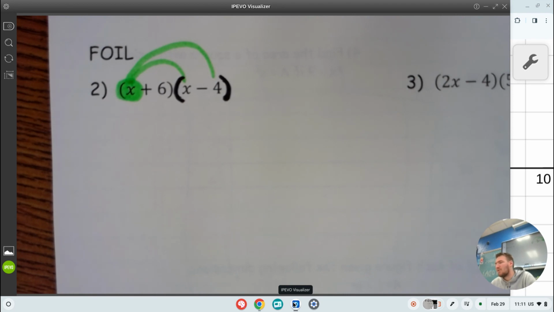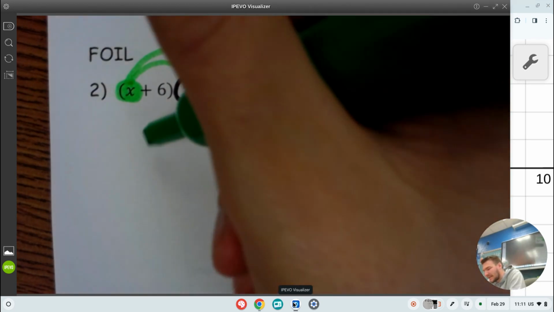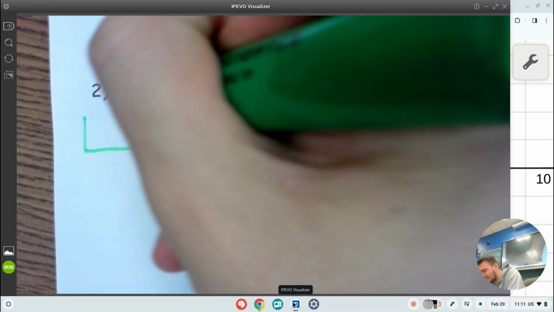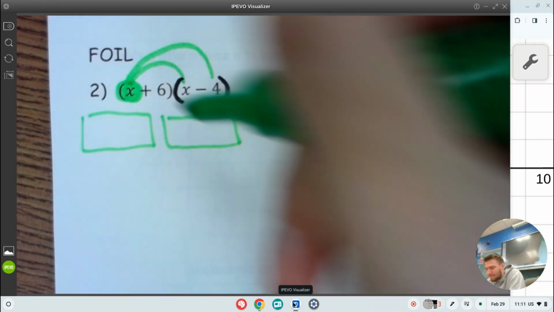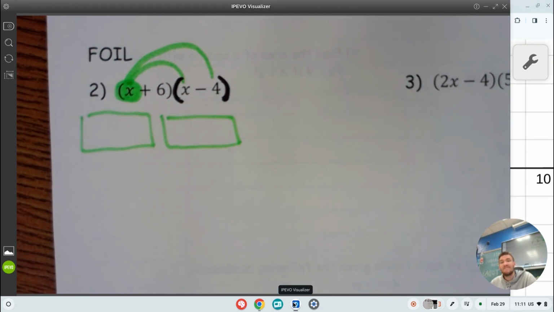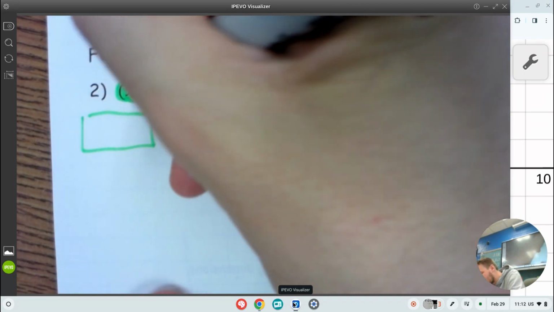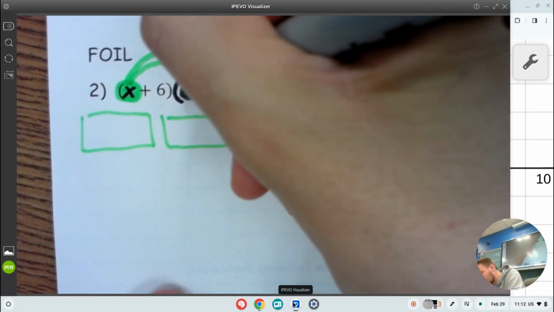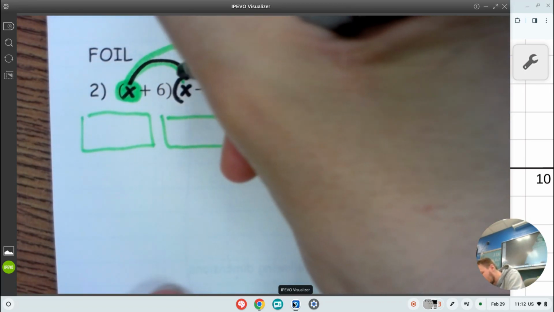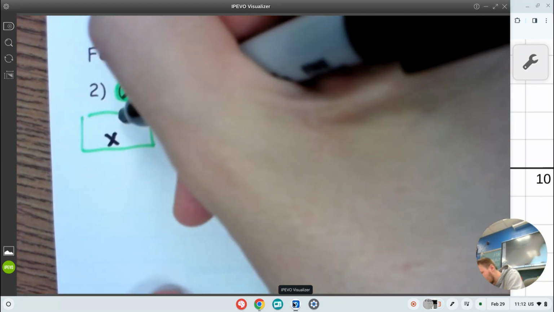It's all about organizing, and we talked about yesterday, the best way to set this up is to write it in 2 boxes right next to each other. So, x times x, when we do this, is x squared.